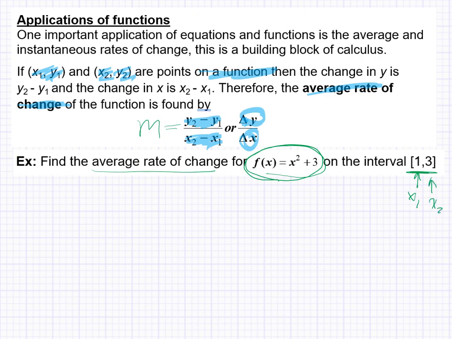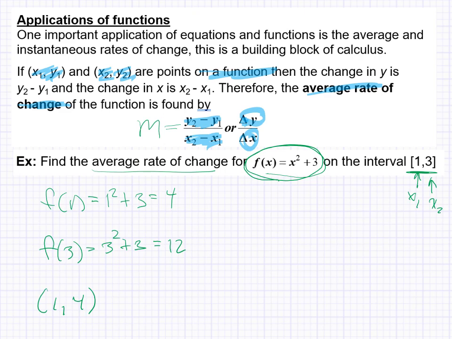And so what I can do is I could say, what is f of 1 and what is f of 3? In this case, f of 1 would be 1 squared plus 3. f of 3 would be 3 squared plus 3. So this would give me 4. This would give me 12. So basically, I have 2 points here. I have point 1, comma 4. That's f of 1. And I have point 3, 12.